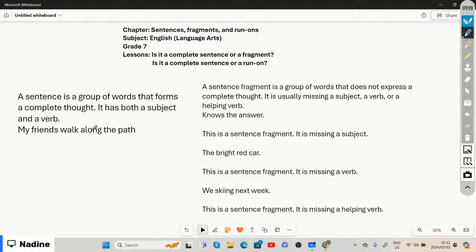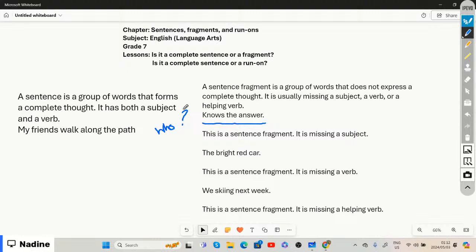All right. So if we look at it, it says this is a sentence fragment. And how do we know? For example, if we just say "knows the answer," then that is a fragment. And how do we know that? Because it needs to tell us who knows the answer, and that is not there.